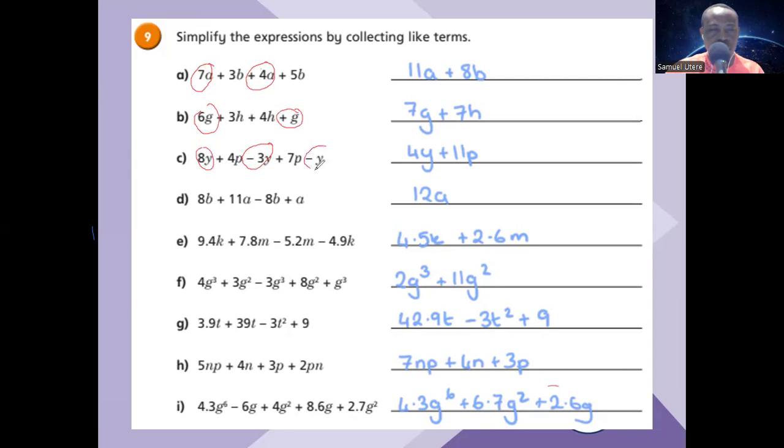And this one. So actually, we have 8y minus 3y, which is 5y, minus y, which is 4y. I hope by now you know that this is 1y, but we don't write it in maths. We just know it's 1y. Okay? And we follow the same process to do the others.